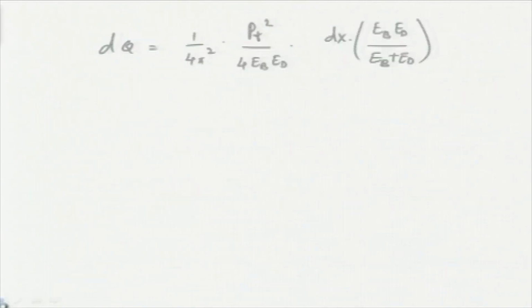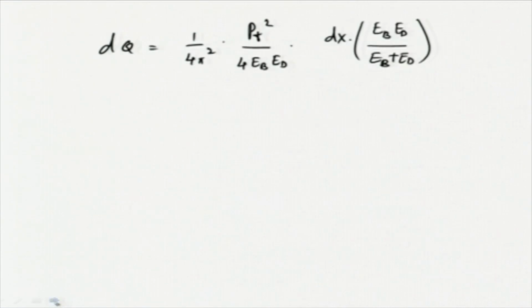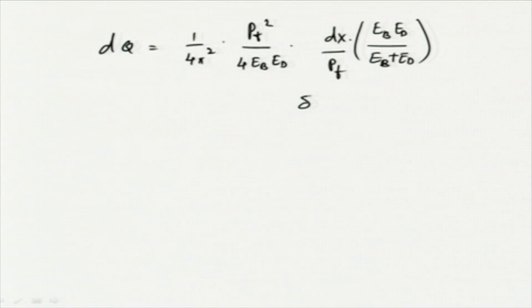This particular term is coming from dx by dp_f is p_f into that factor. Okay, there is a p_f factor. So, inverse of this is dp_f by dx, over p_f. Now, you also have the delta function x minus E_b minus E_d, and d omega, of course.